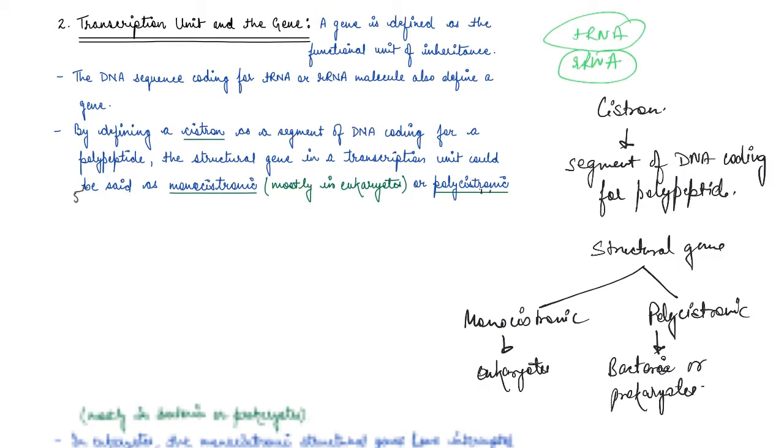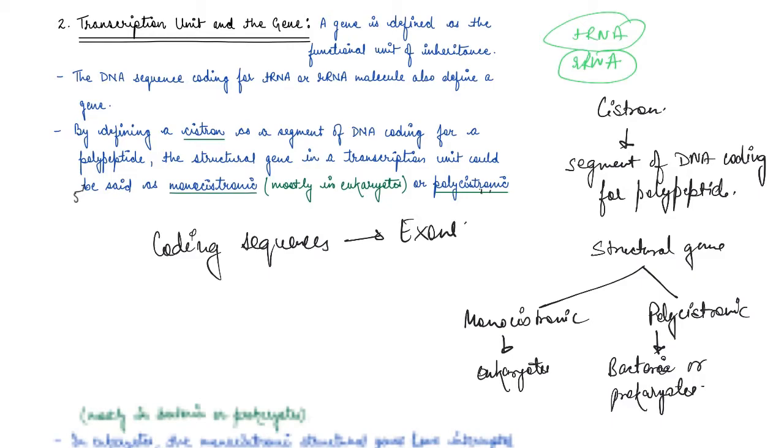Right? So in eukaryotes, the monocistronic structural genes basically have interrupted coding sequences. The genes in eukaryotes are split, right? Now the coding sequences, or expressed sequences, are known as exons.